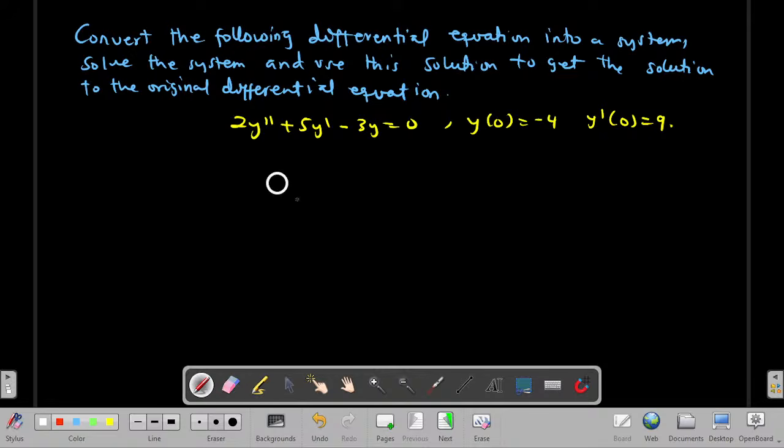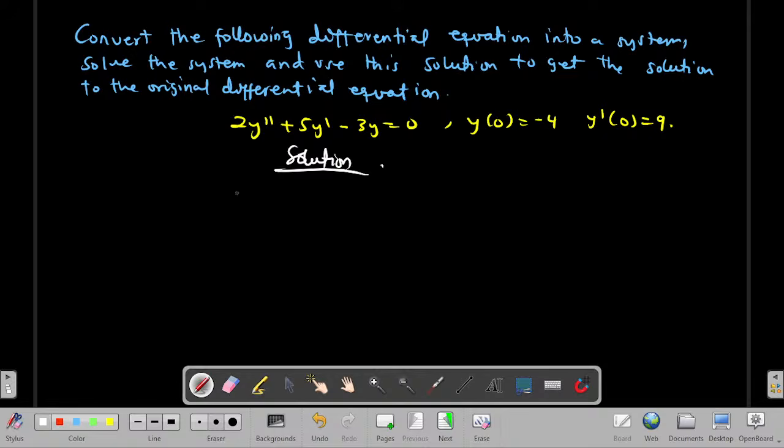So solution. Okay, so we have our differential equation already here. Whenever you want to convert it to a system, we have to first make some general form.